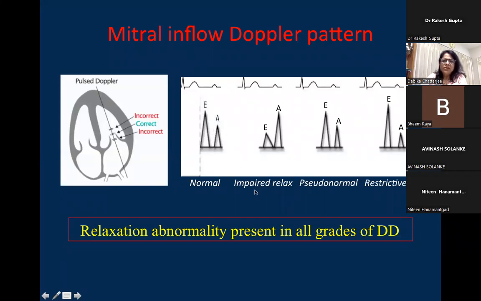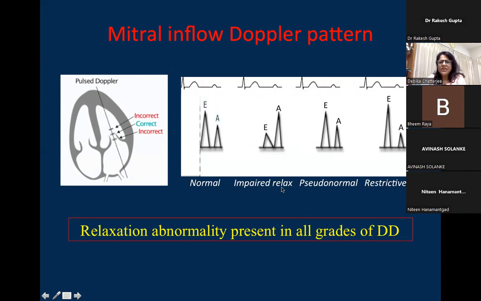Now, as the diastolic dysfunction sets in with impaired relaxation, the E wave becomes small. So obviously the rest of the blood has to go to the left ventricle by atrial pump, and that results in a higher velocity of the A wave. So E becomes less than A wave.